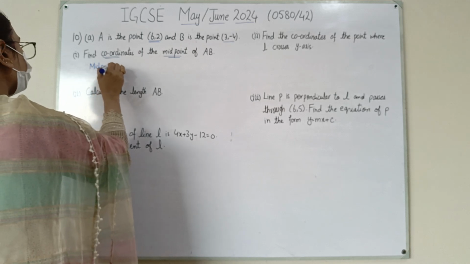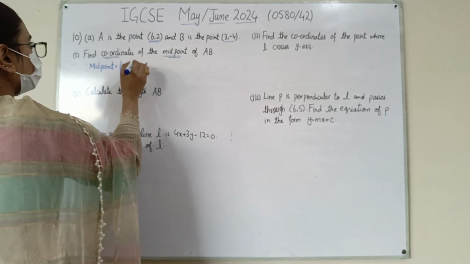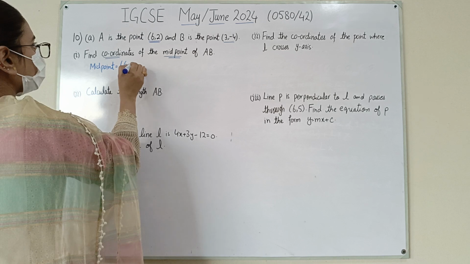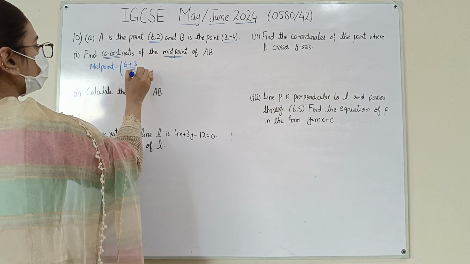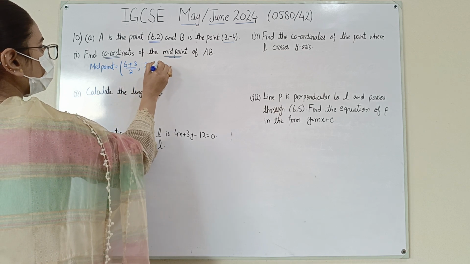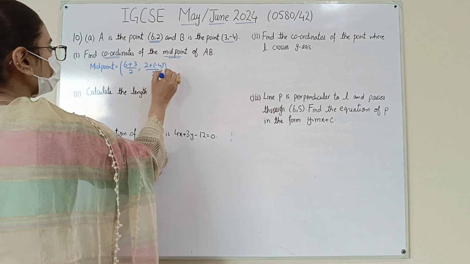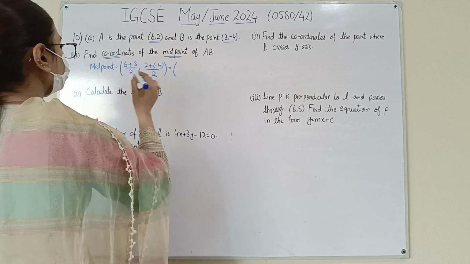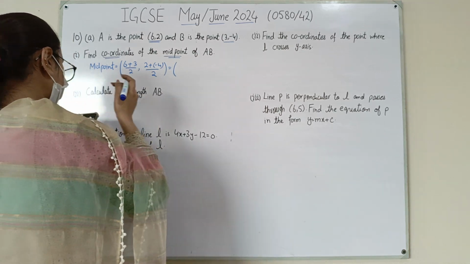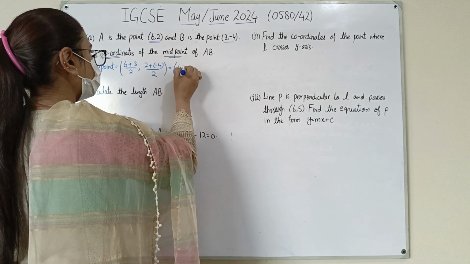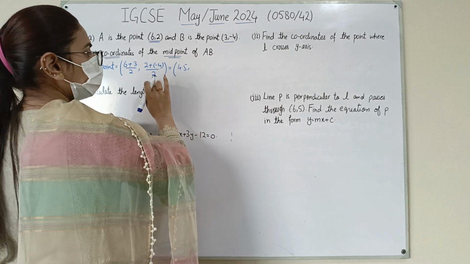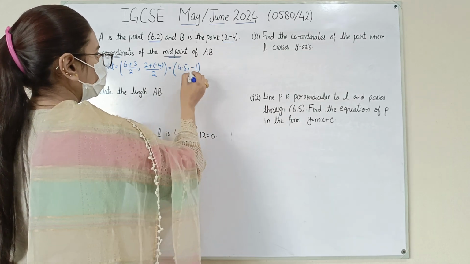Midpoint can be calculated as the average: 6 plus 3 by 2, 2 plus -4 by 2. So here it will be 9 by 2. 9 by 2 will be 4.5, and it will be -2 by 2, which is -1.